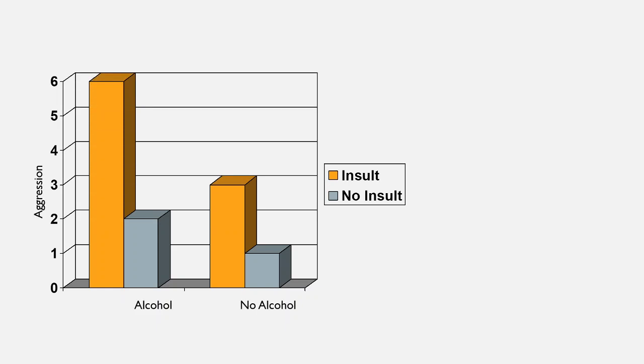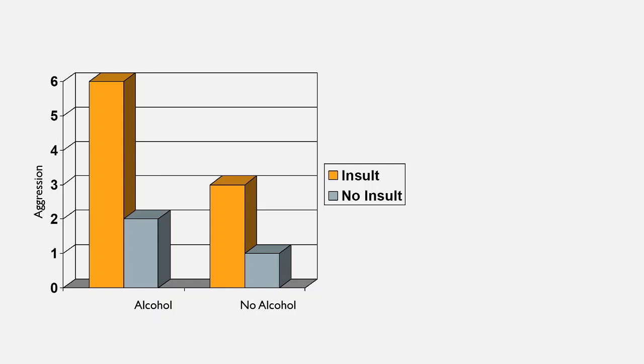This is a little bit different from when we used to visualize our moderation using correlation, but it's depicting a moderation nonetheless. So if you were to depict your means from all 4 of your cells, those hypothetical means would look something like this. And this drives the point home of the main effects and the interactions, right? You can tell by the bars color coded by insult and no insult, and the alcohol versus no alcohol depicted there on the x axis.